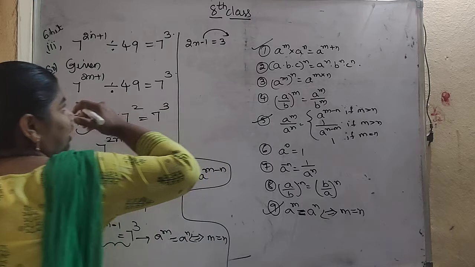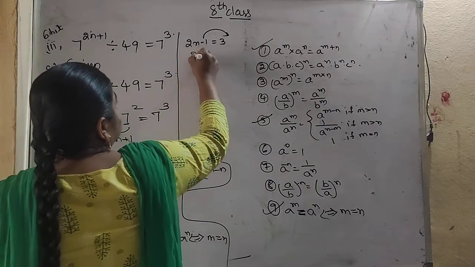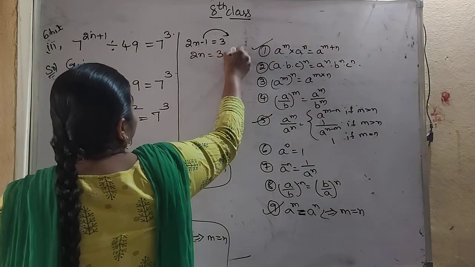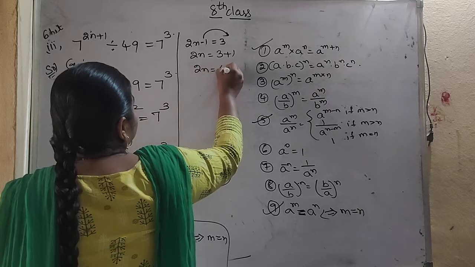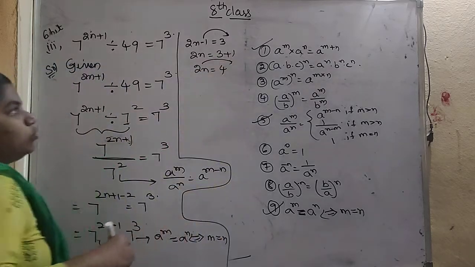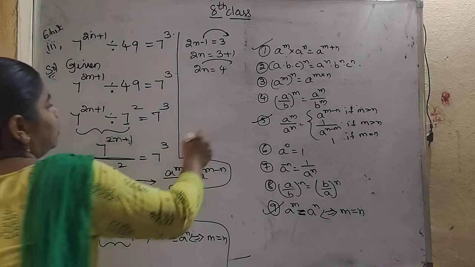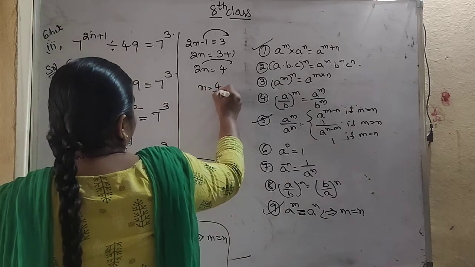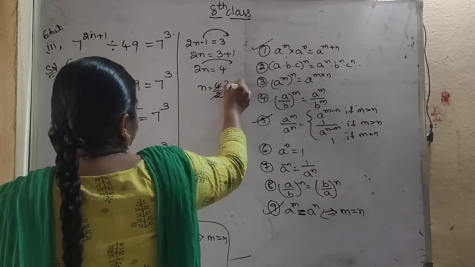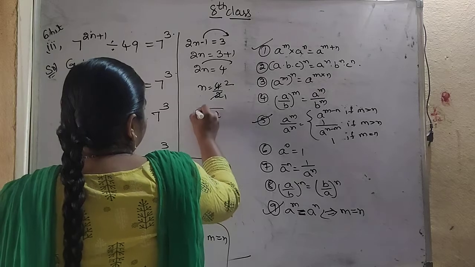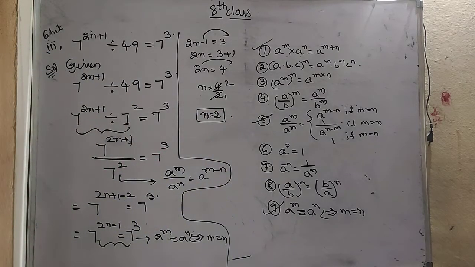Transposing minus 1 to the other side, it becomes plus. So 2n is equal to 3 plus 1. So 2n is equal to 4. I am transposing 2 to the other side, that will become division. So n is equal to 4 by 2. 2 ones are 2, 2 twos are 4. So what is the n value here? The n value we got is 2. So this is our third solution.